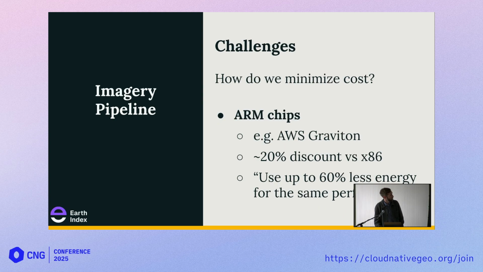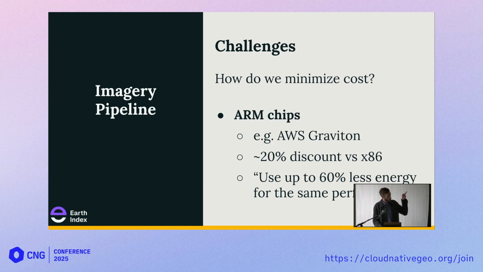clouds is important. Another big challenge of creating these annual mosaics of this imagery is the cost. It's a lot of data, and so one of the best tools that we found, this is not sexy or groundbreaking or pioneering, but just choosing the right compute architectures.